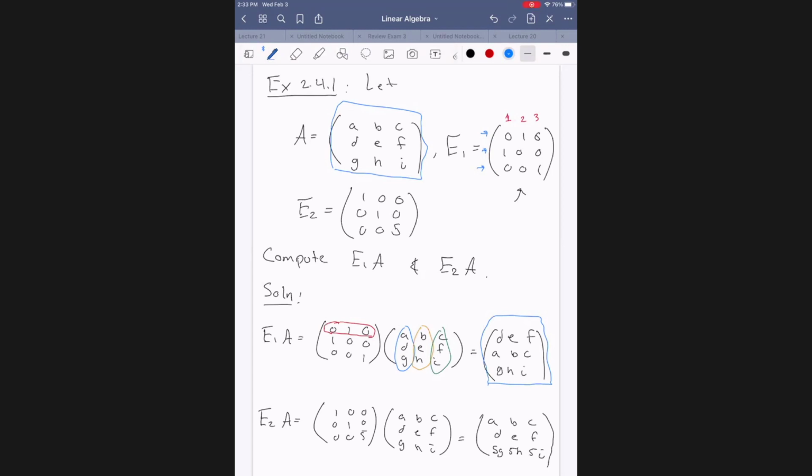Same thing with this one now. You can think of it the same way. If the ones or any numbers are on the diagonal, that's going to keep the rows the same. But if you put a different number in it, for example this one, in the first, second, and third positions, it's going to keep the third row in the same position, but scale it by 5, right?